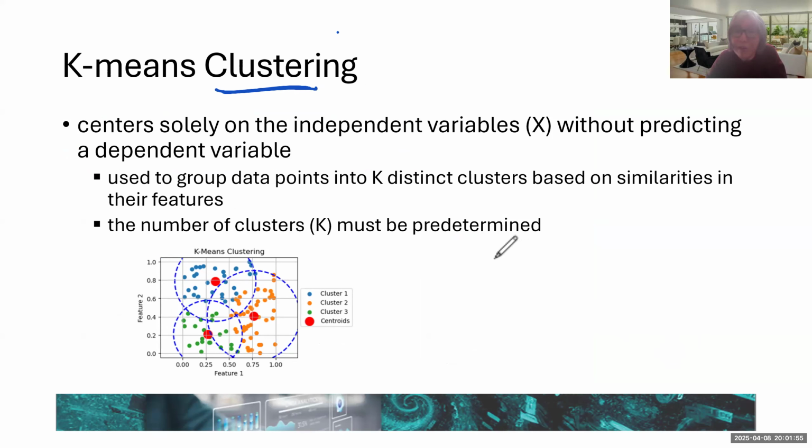Okay, so previously what we learned, like linear regression, is for continuous value prediction. Logistic regression is for classification, but both of them involve the dependent variable y.